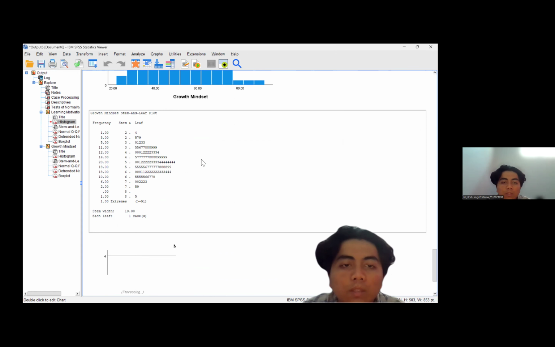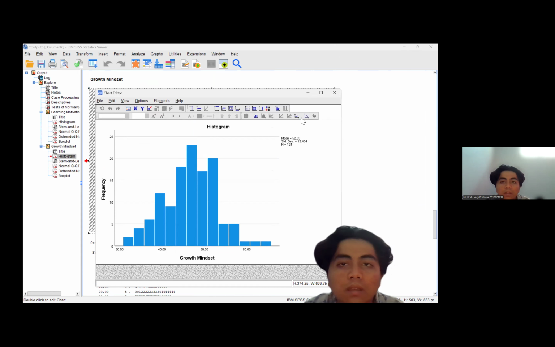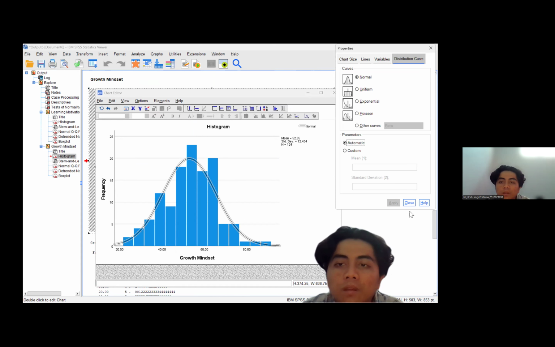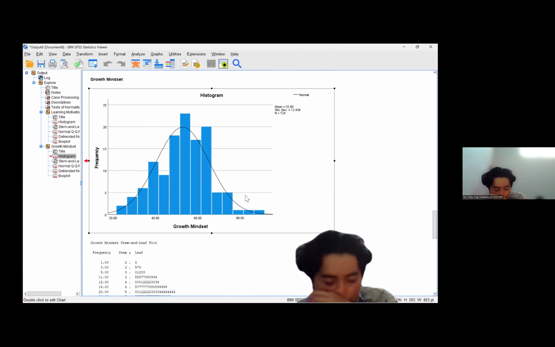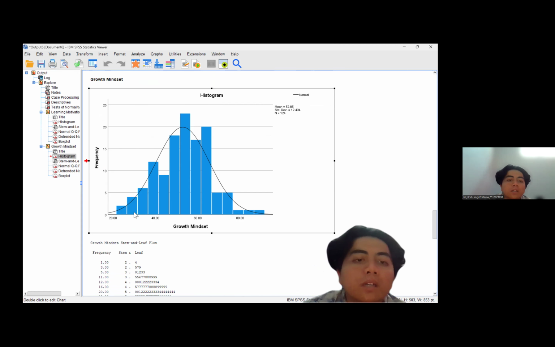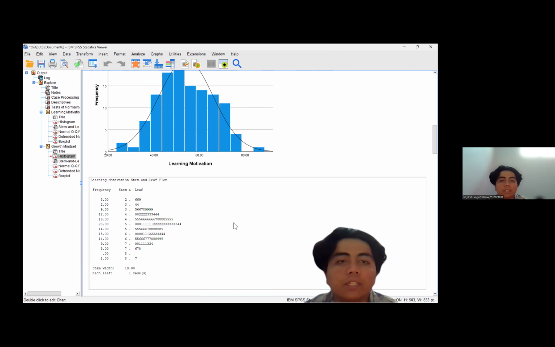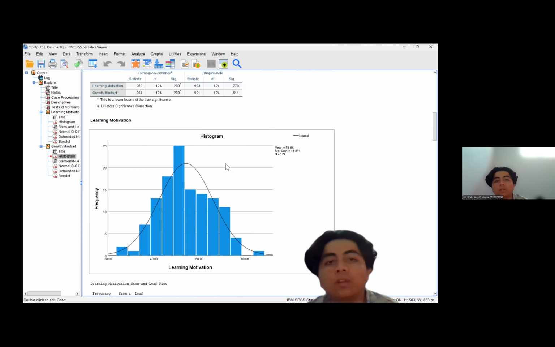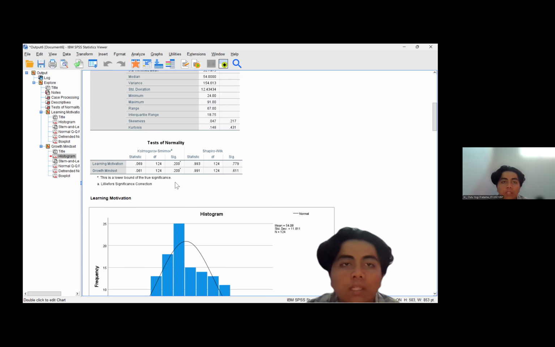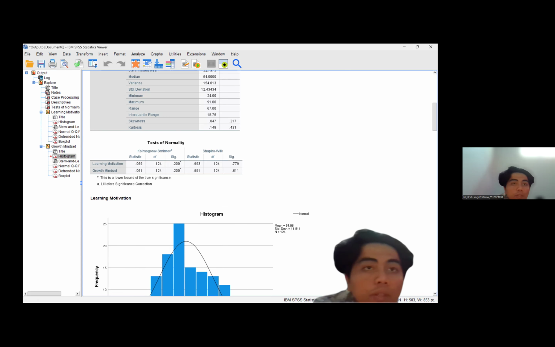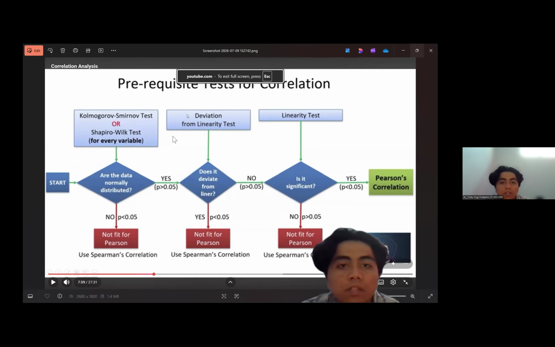So move to the growth mindset, double click, show distribution curve, normal, close, close. The growth mindset also shows that the data is fitting the bell curve. So both growth mindset and learning motivation are approximately normally distributed.